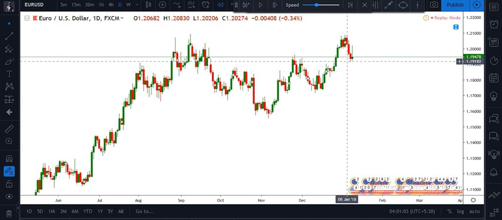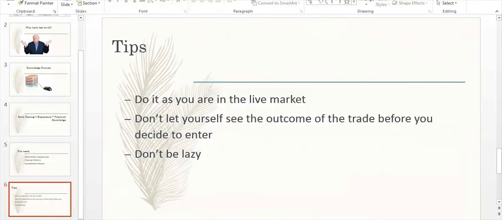Alright, the last tip is don't be lazy. Do you think backtesting is fun? If you answered yes, then you're so weird. Backtesting isn't fun. When you start backtesting, it gets boring and boring and boring.